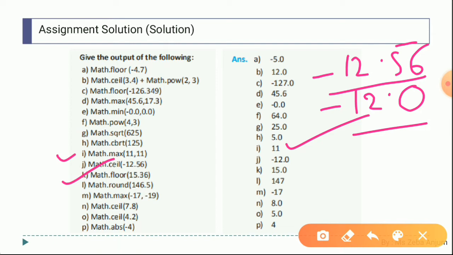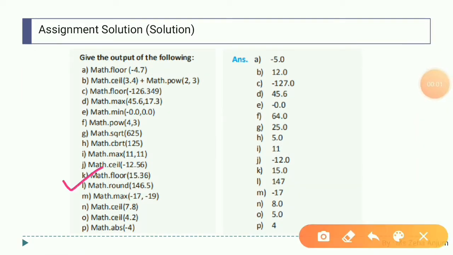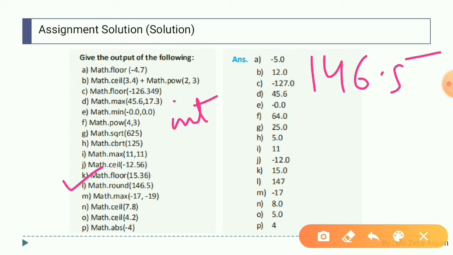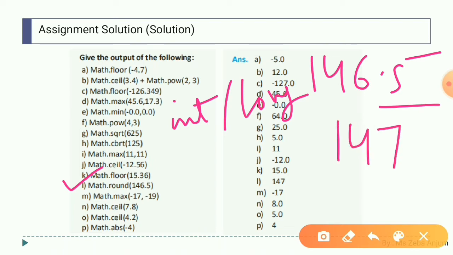Floor value gives you the lower value, so it will be returning you 15. Now see the L part, you have to round off this value 146.5. Firstly remember that your Math.round is going to give you either an integer value or a long value. After decimal we see this is 0.5, hence we are going to increase our number by 1, so your output will be 147.